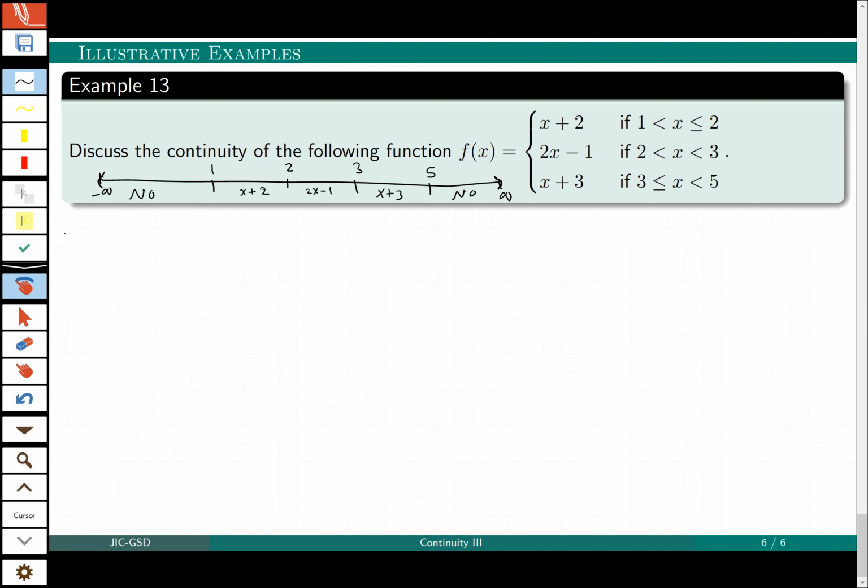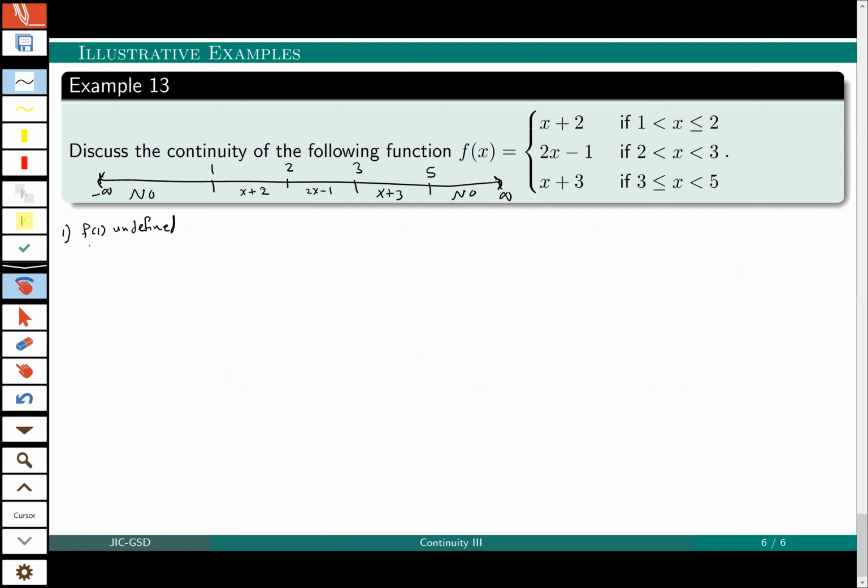So the first condition I need to satisfy, I should say f at 1, is it defined? F at 1 is not defined, undefined.